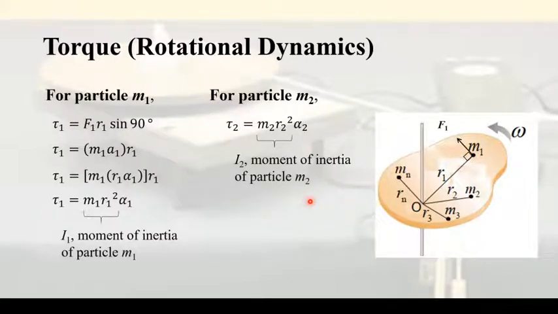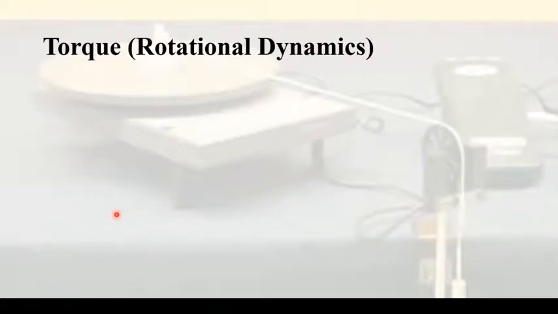Now why didn't I include alpha in my moment of inertia, based on my derivations? If you recall what we have learned in a previous lesson, alpha for the particles in the same rigid body is constant. It doesn't depend on which particle you are using, whereas m and r depend on the particle chosen.